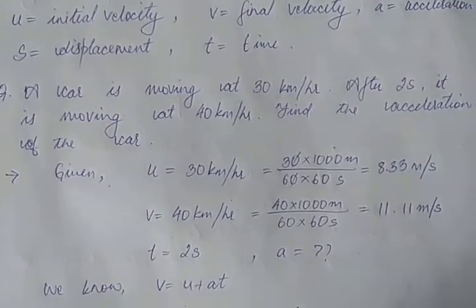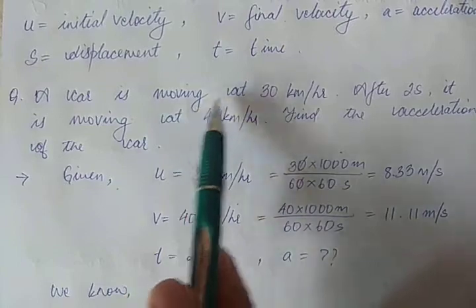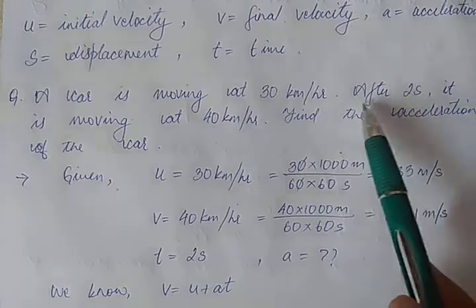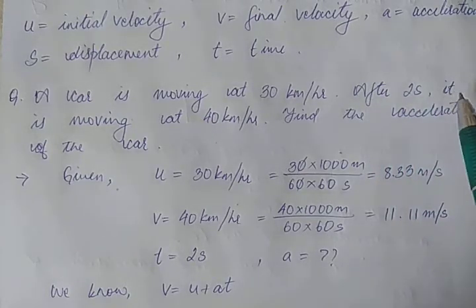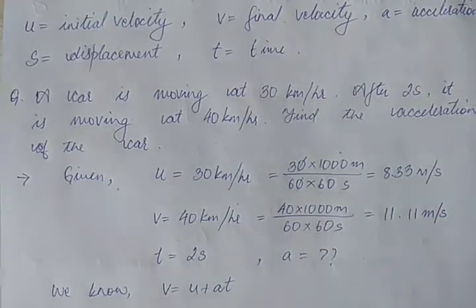So, let us look at one example. We have a scenario here where a car is moving at 30 kilometers per hour. Now, after 2 seconds, the car is moving at 40 kilometers per hour.